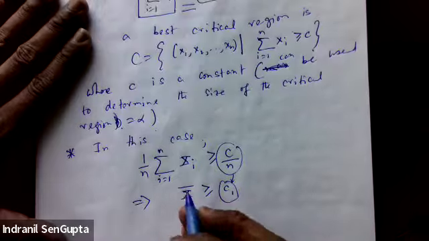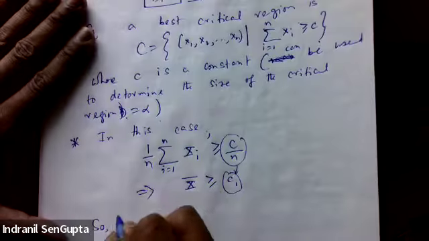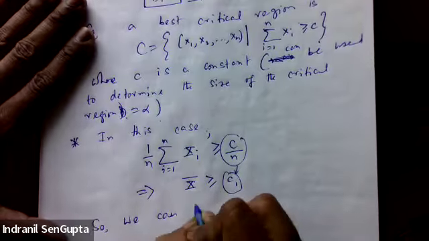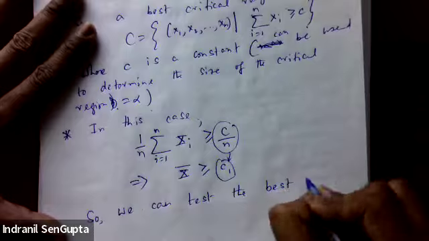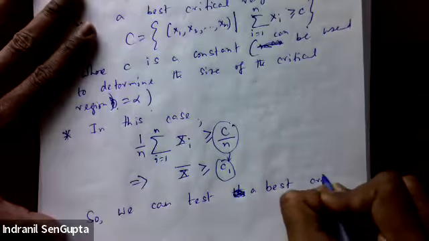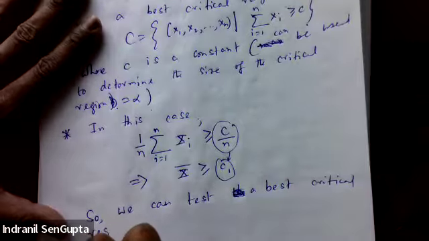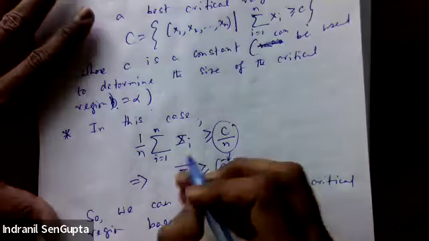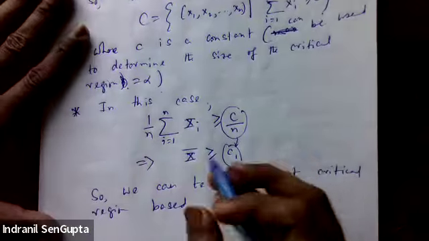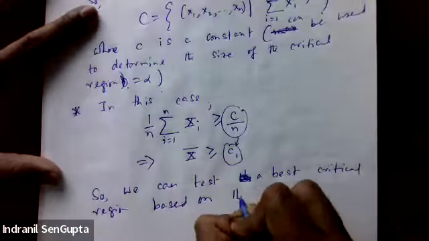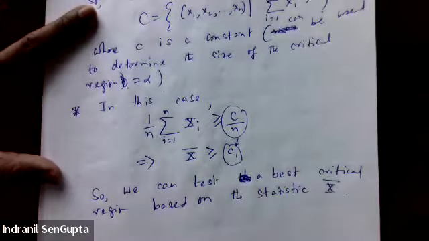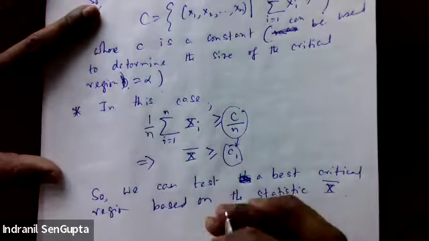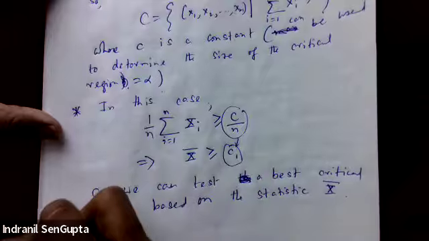So then we can test the best critical region based on, we don't really need all those x1, x2, xn. So based on the statistic x bar, that's pretty much it. So that is the conclusion.